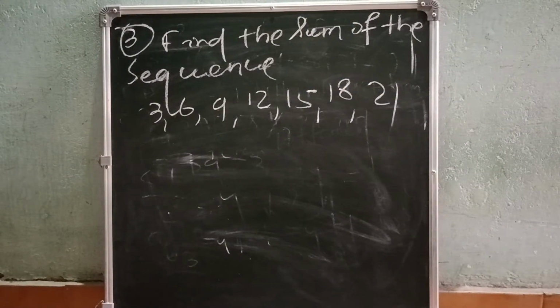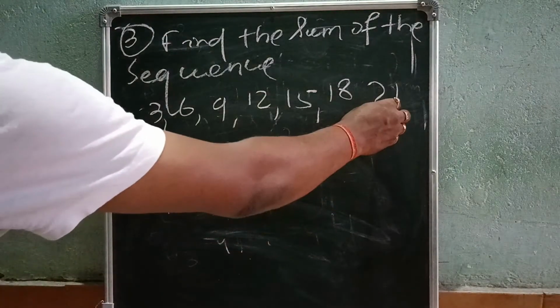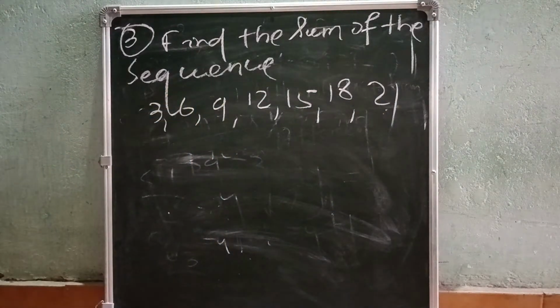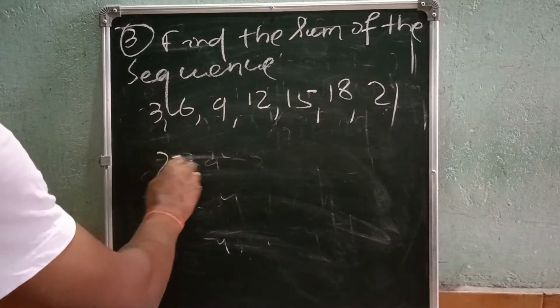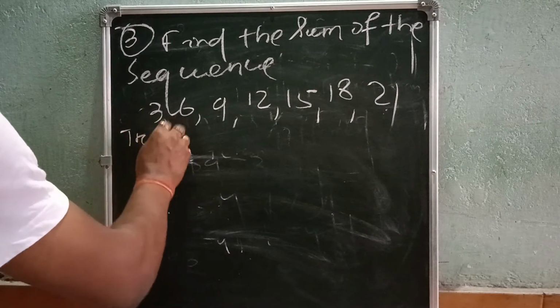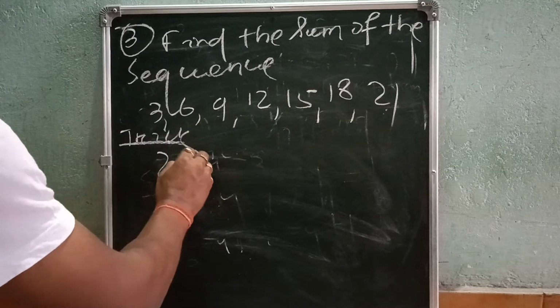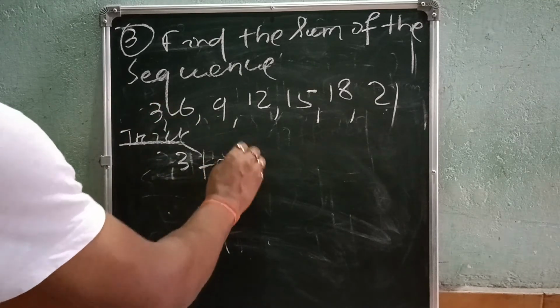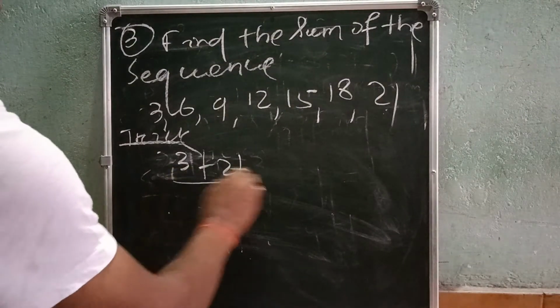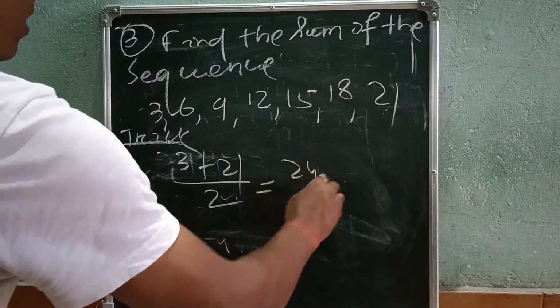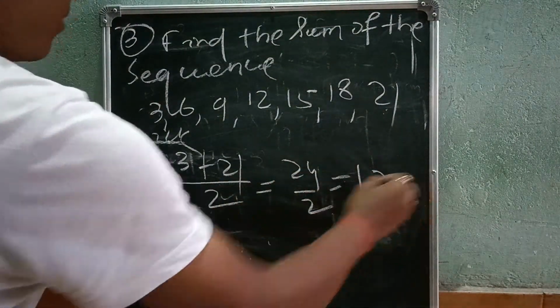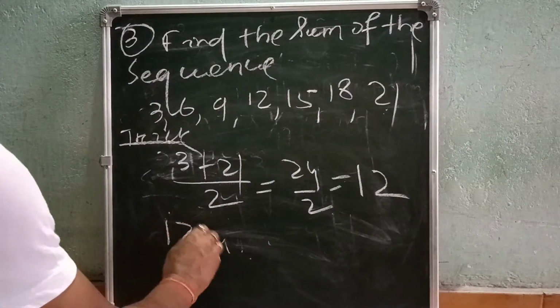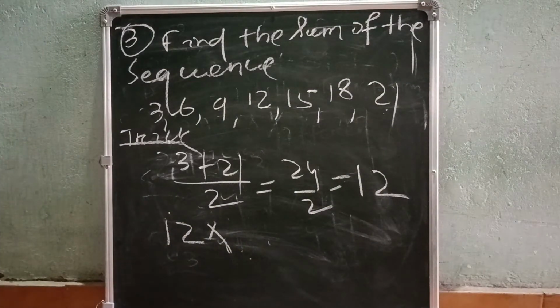Very simple. What you have to find out? You just add first and last and divide by 2. So first is 3 plus 21, by 2, that is 24 by 2, that means 12. 12 into how many terms are there?